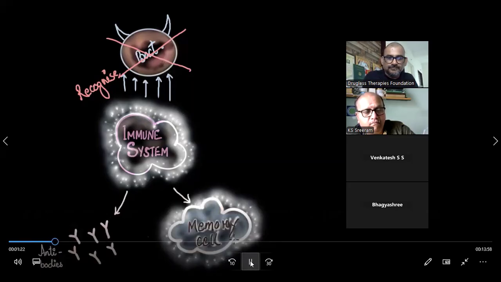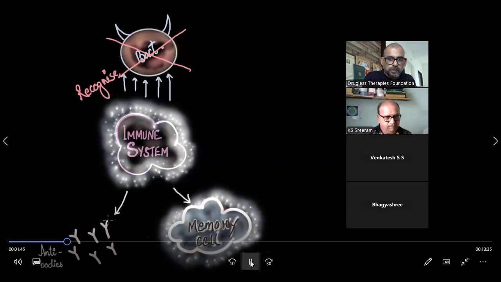We will talk about this memory cell in a minute, but before that, let me tell you that our immune system initially had no idea what this bacteria was. But once this bacteria got inside our body, our immune system tried to recognize or understand parts of this bacteria, and it produced antibodies against it.